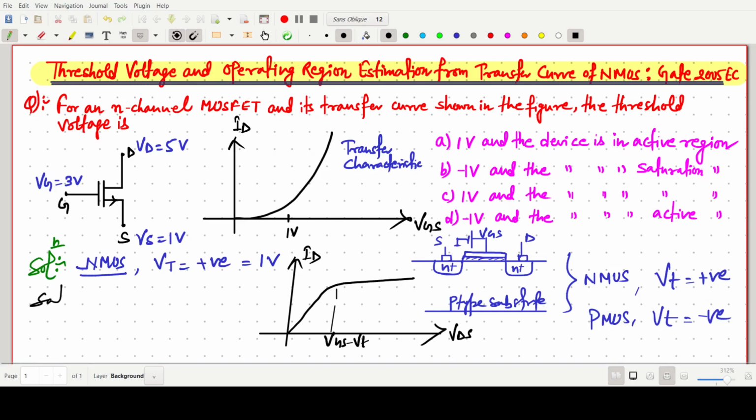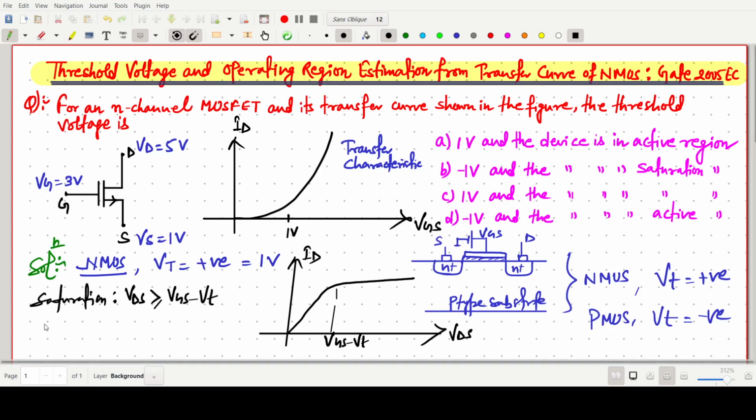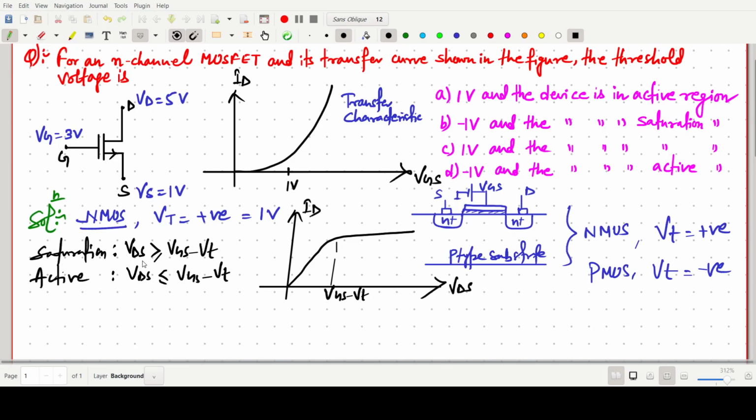For the saturation region, the VDS value will be greater than or equal to VGS minus VT, and for the active region, the VDS should be less than or equal to VGS minus VT. These are two well-known conditions. This side is our saturation region, and on this side, in a different color, the active region.